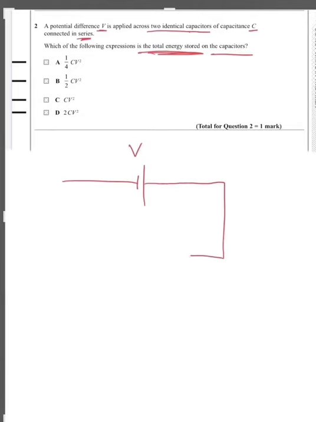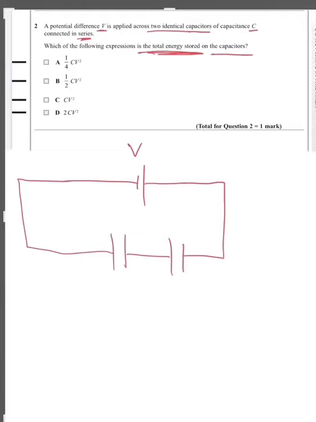A potential difference V is applied across two identical capacitors of capacitance C connected in series. Which of the following expressions is the total energy on the capacitors? Let us illustrate this diagrammatically. This is a cell of potential difference V and two capacitors are connected to it.